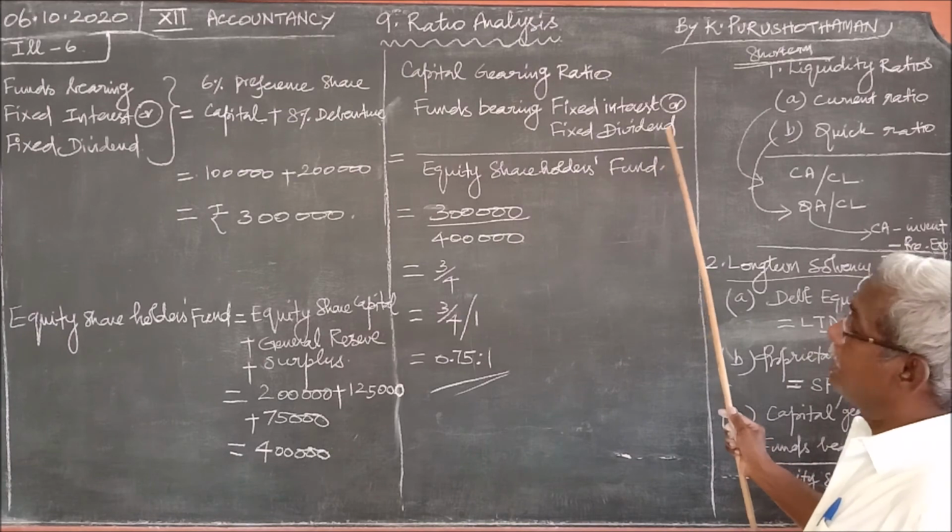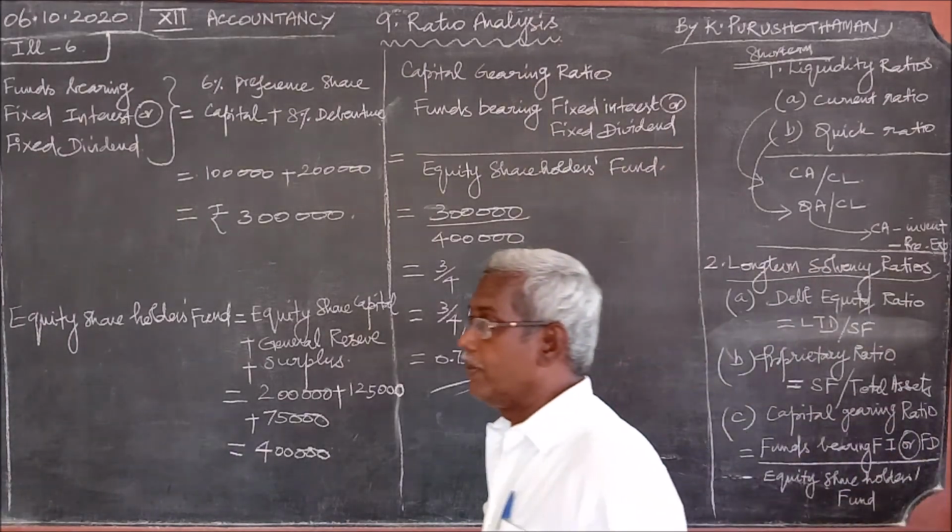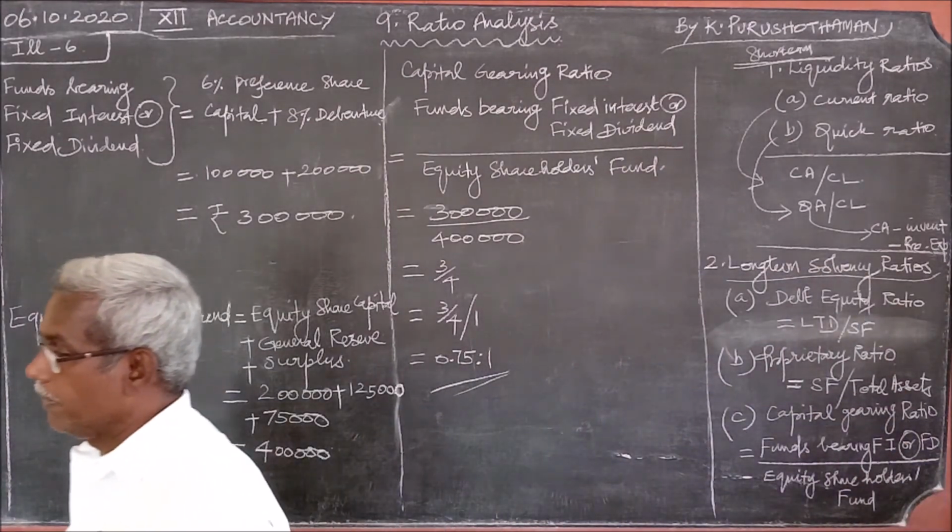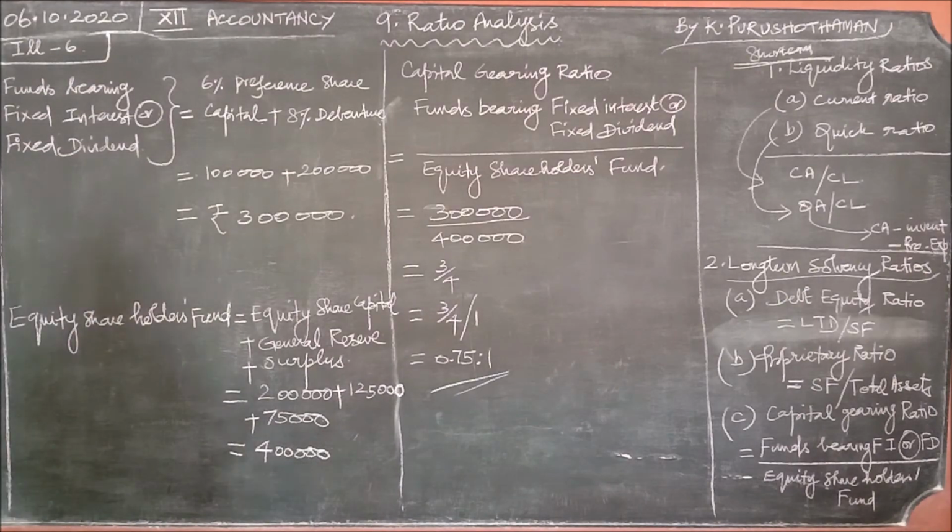And the next one is dividend. Dividend is given to the shareholders. What type of shareholders will get this dividend? Only preference shareholders will get fixed dividend. Whereas the equity shareholders will get varying dividend, not a fixed one. They may get more if the profit is higher.